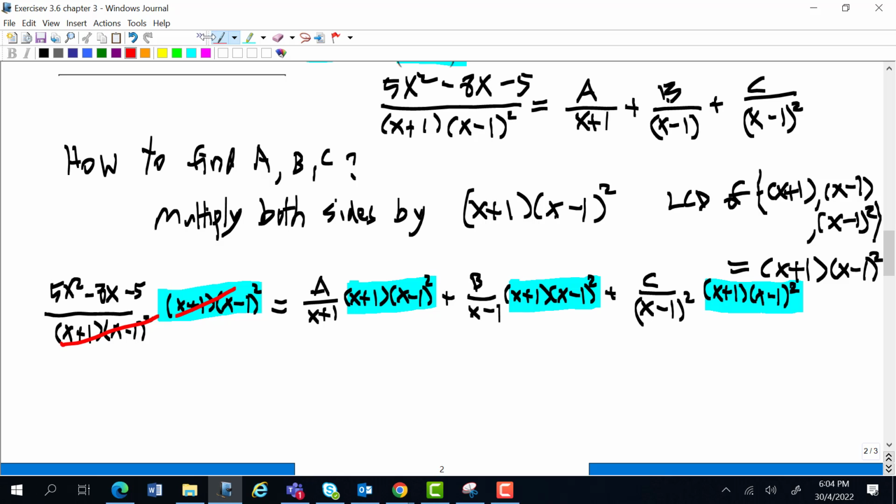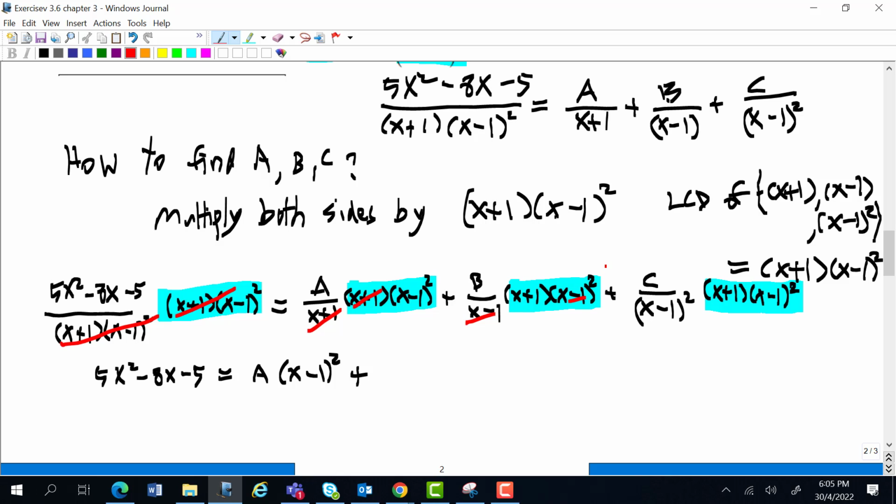So you get 5x squared minus 8x minus 5. And then on the other side, the x plus 1 cancels. So you are left with a times x minus 1 squared, plus another one, the x minus 1 and the x minus 1 cancel.